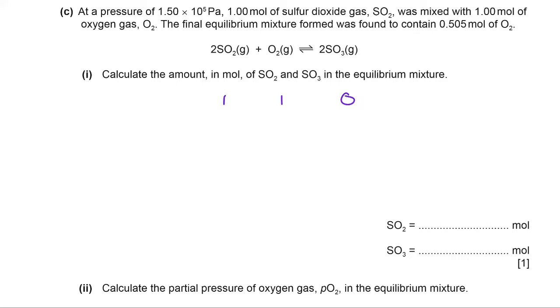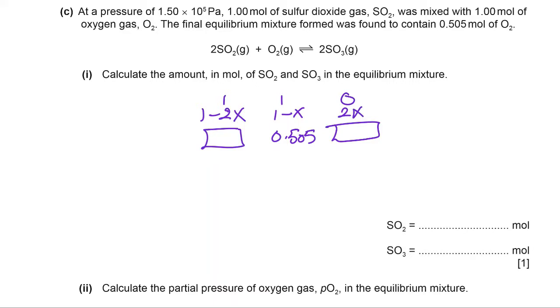At equilibrium, we don't know these values, so in this case, 1 minus x, and for this one 1 minus 2x, because you have 2 moles and you have formed 2x. So you need to find the value of x.